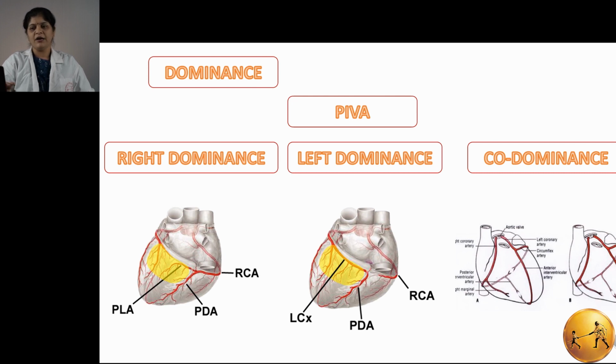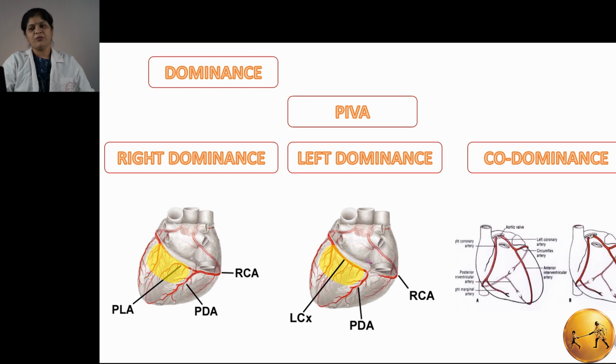Now there is a component which is called dominance, and it is specifically dependent on the PIVA, that is the posterior interventricular artery. If the posterior interventricular artery is given by the right coronary artery, then it is called right dominance of the heart. In most people, that is 70% of people, right dominance is seen.